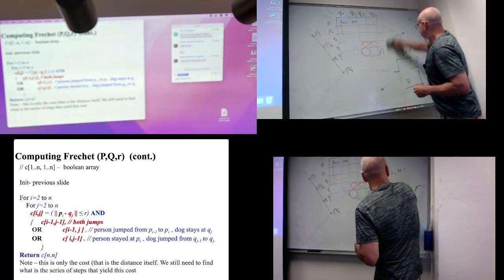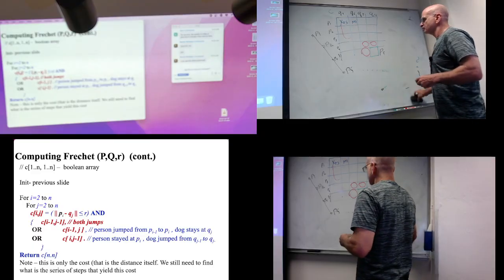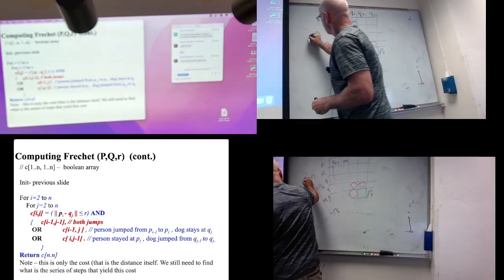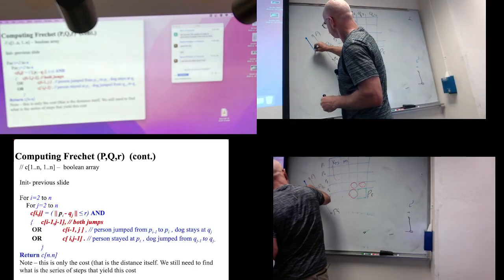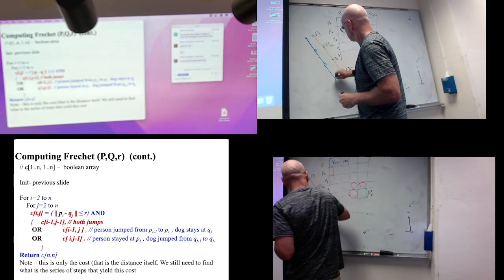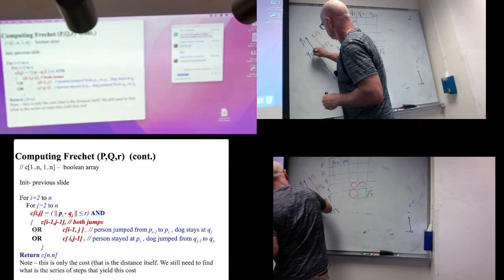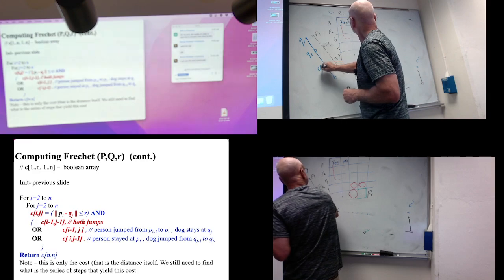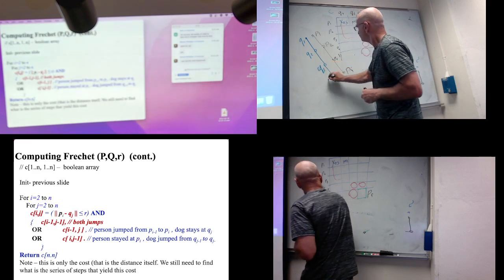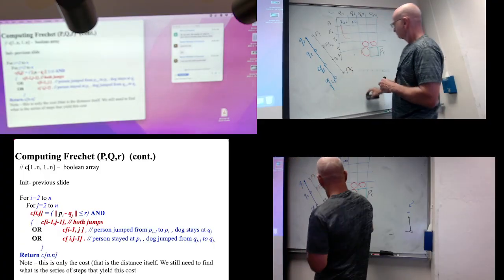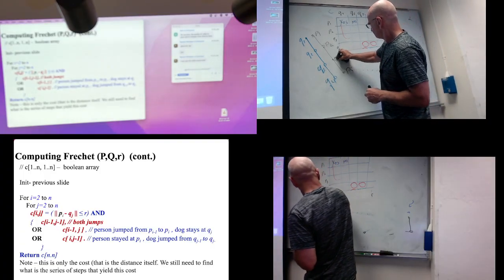Just a quick sanity check. I don't need the last row.